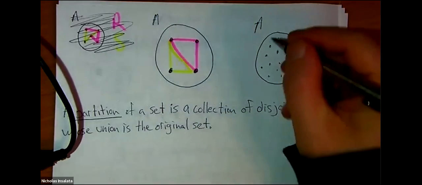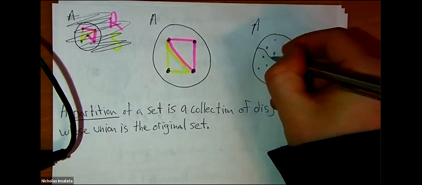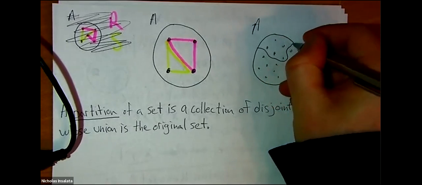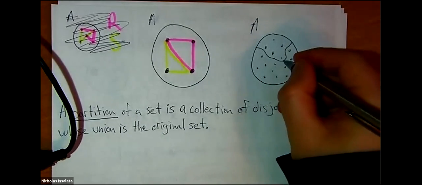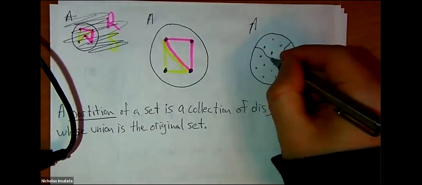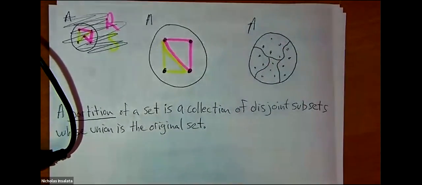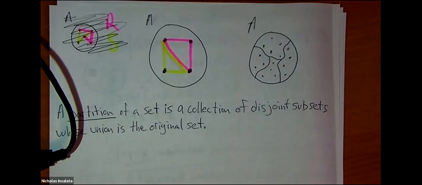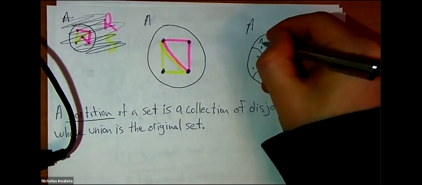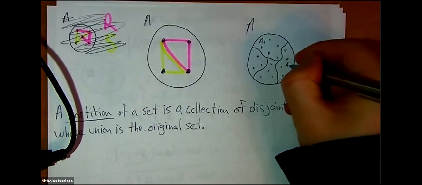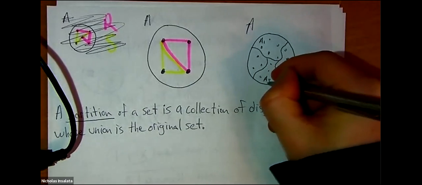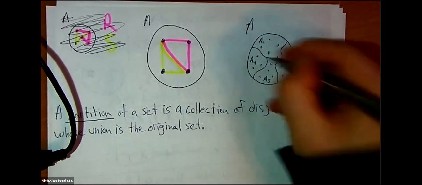Essentially, I'm going to take one part. It's going to look like this. Here's another part. Here's a third and a fourth part. So here's parts A1, A2, A3, and A4.